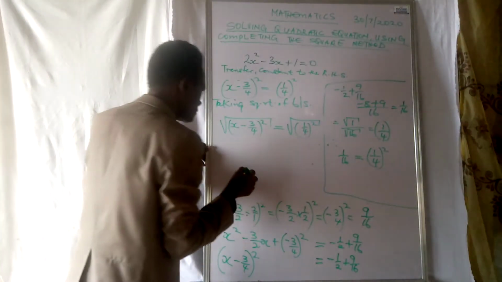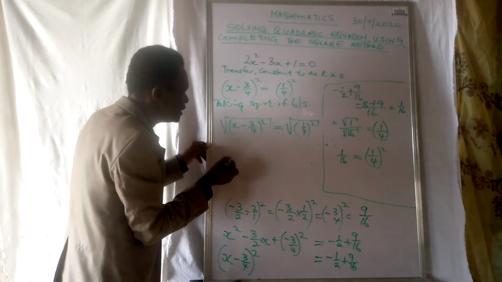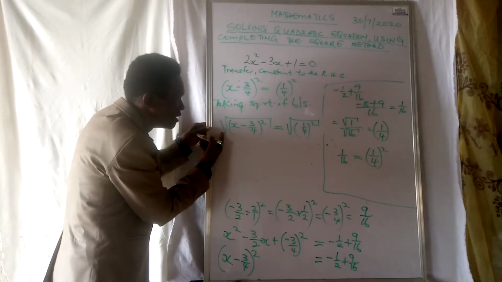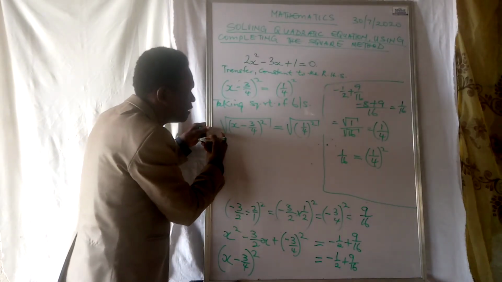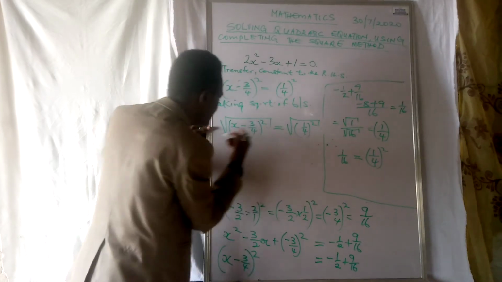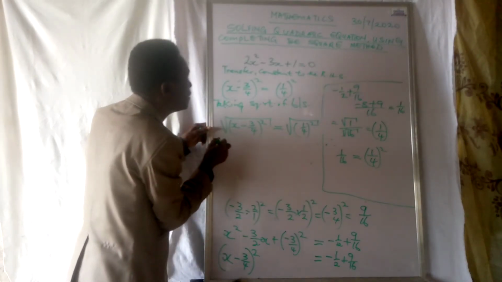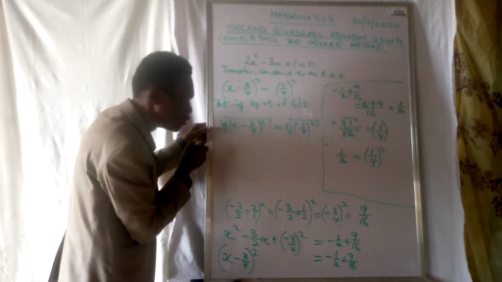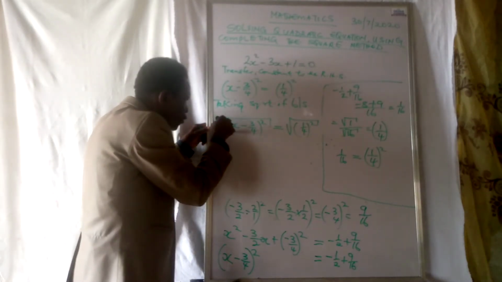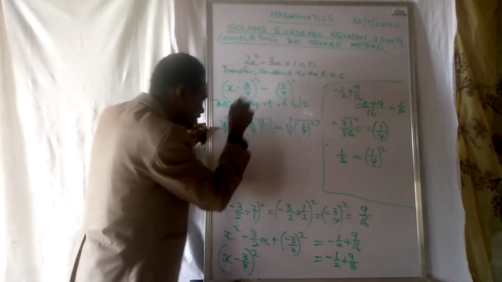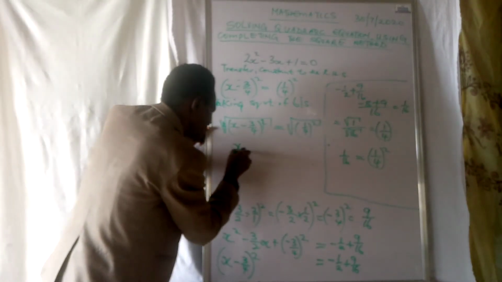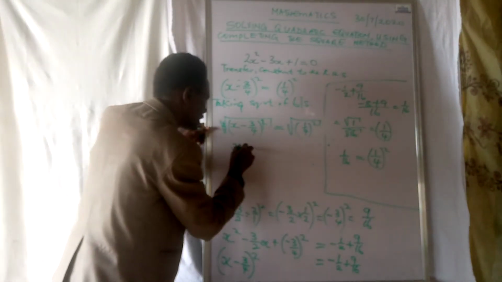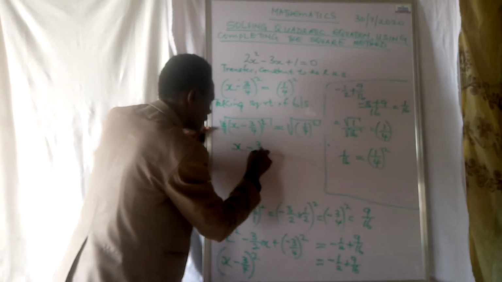Now, take note, the square root sign has a hidden 2, so this 2 cancels this 2. It now becomes the original quantity again, x minus 3 over 4.